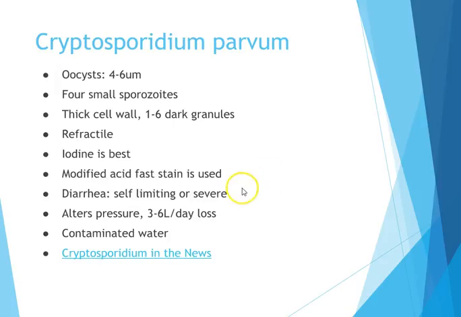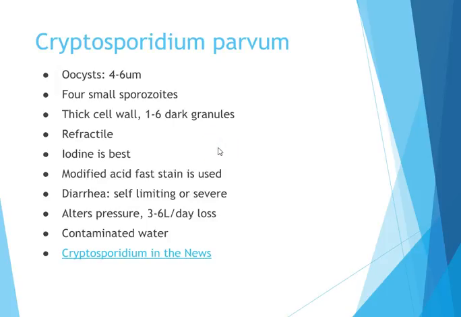It's often seen in daycare centers, travelers, and immunocompromised. The iodine is the best method. A lot of people still do modified acid-fast stains, however.